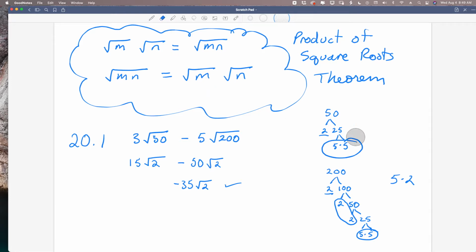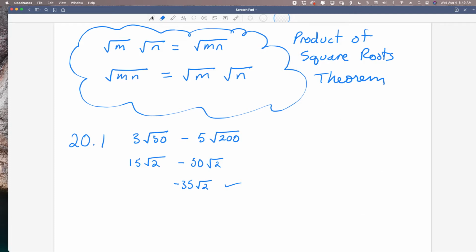And let me write it the way that the book has it written. Just to illustrate that point, we can say that the square root of 50 is equal to the square root of 2 times the square root of 5 times the square root of 5. That's literally what we have here, because 5 times 5 is 25, and 25 times 2 is 50.